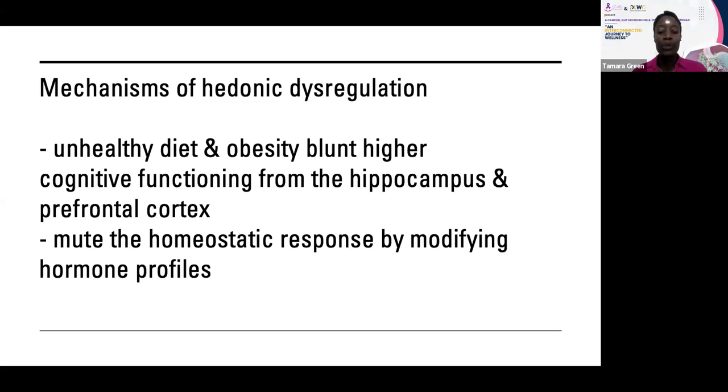It also mutes the homeostatic responses. So remember I said earlier that gut feelings are not just based on our blood sugar dropping low, but it's also based on our intuition. So here we're seeing that unhealthy diets and obesity not only blunt our ability to choose, but it also muddles with our physiology.